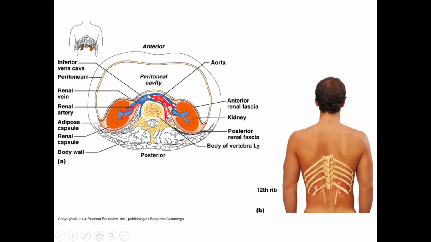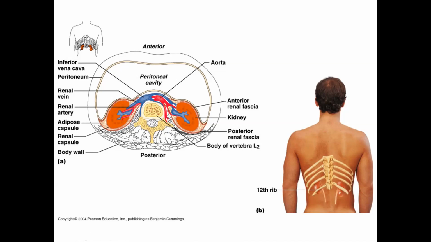If you make a cross section and look from the superior view, with anterior and posterior marked, you can see where the cut is made. Here is the kidney.